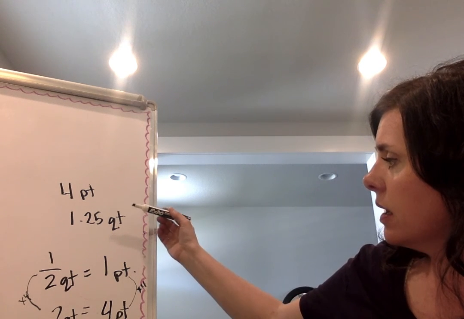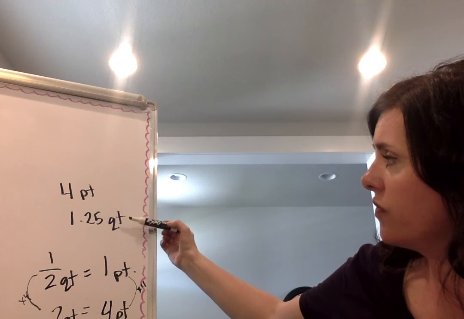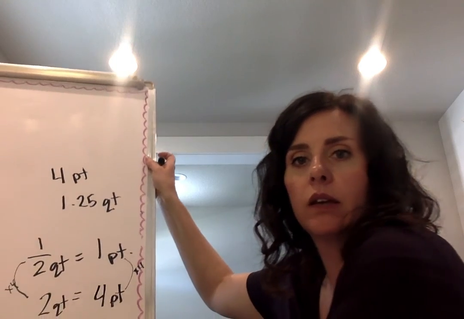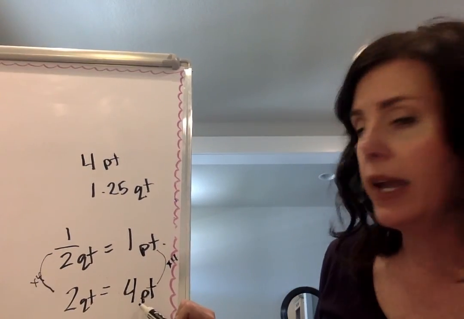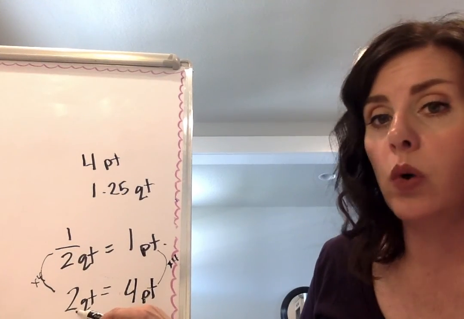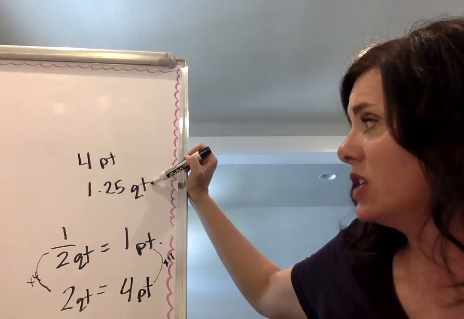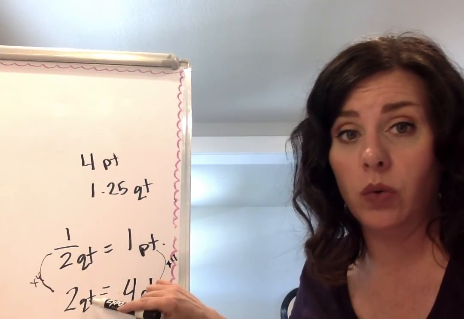But this bottle is 1.25 quarts, which is less. Okay, so 4 pints equals 2 quarts. But the other bottle of ketchup is only 1 25/100 of a quart. That's smaller than 2.